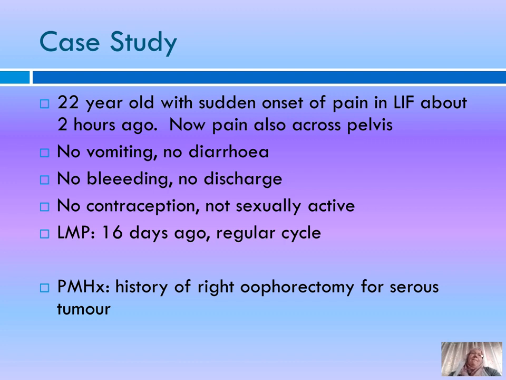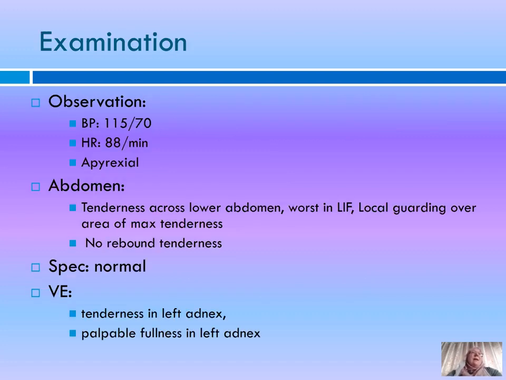So, what do you have to do next? Examination. In the examination, it is very important to check her vital signs in all emergencies. You can see they are normal in her case. Then you do an abdominal examination, which shows some tenderness across her lower abdomen.